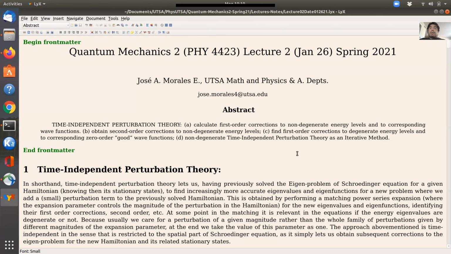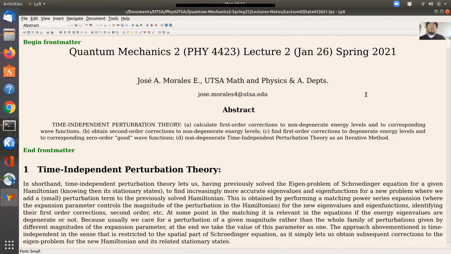Okay. So let's start. Again, in summary, this whole section on time-independent perturbation theory, in addition to the objectives I described just a second ago, we'll also learn how to find second-order corrections to non-degenerate energy levels, and also how to find first-order corrections to energy levels that are degenerate, and the corresponding zero-order wave functions which are good.